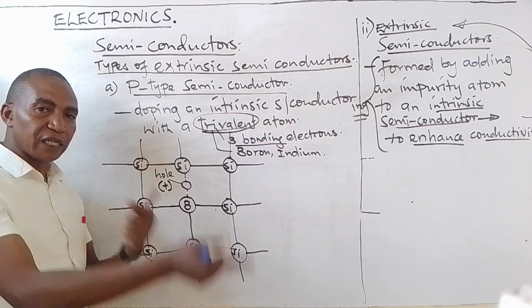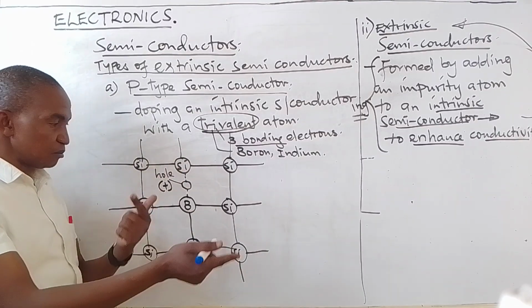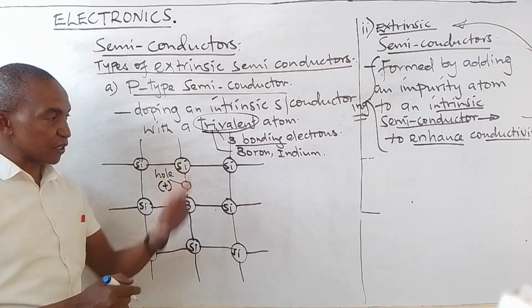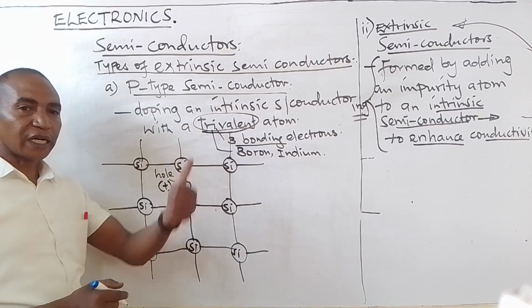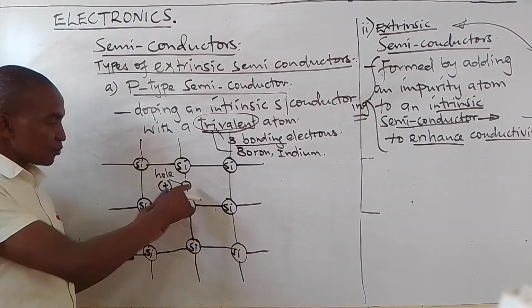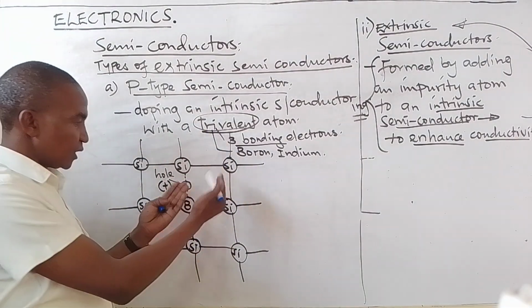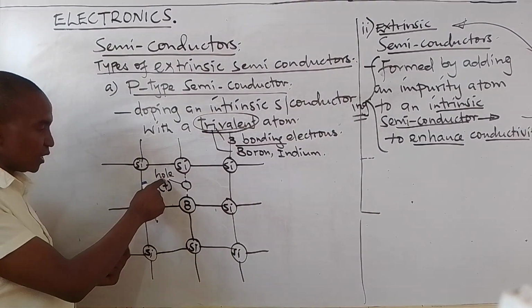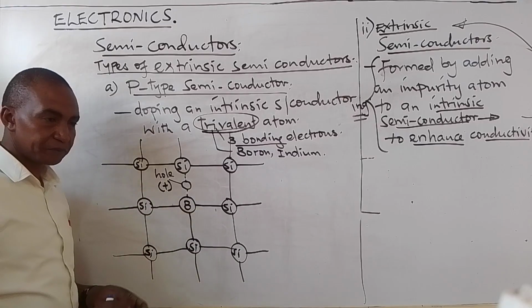Positive because a hole is caused by the absence of an electron. And like we had seen earlier in the atomic structure, electrons are negatively charged. So the absence of an electron is the absence of negative charge, which is considered positive.